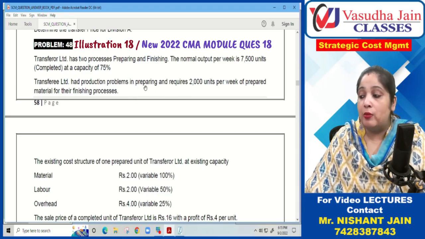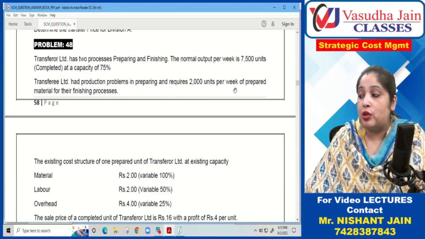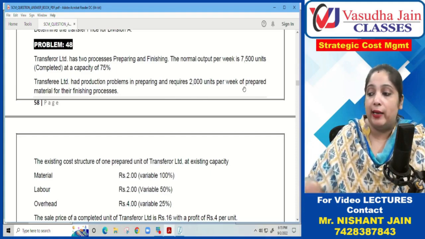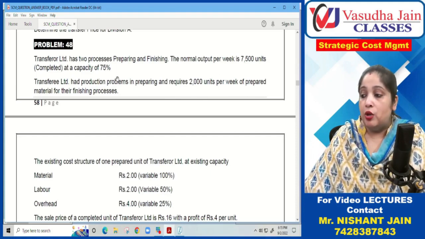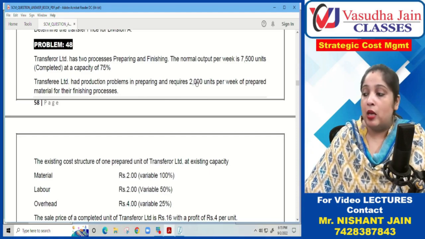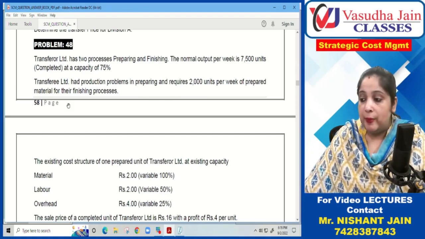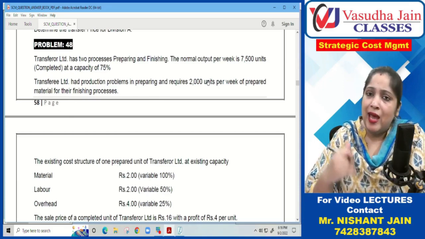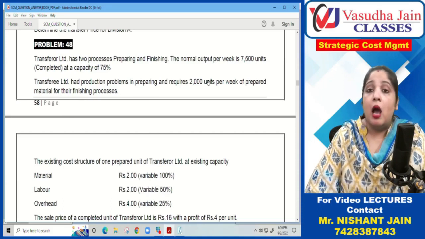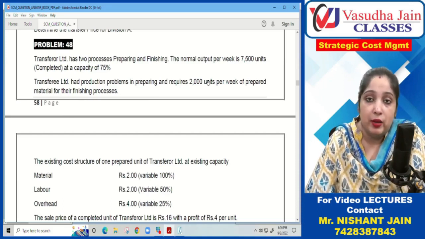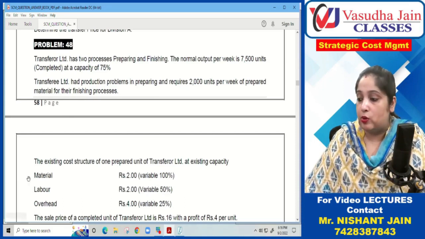Transferee has some problems in preparing and requires 2,000 units per week of prepared material from the transferor department. So they want the 2,000 units, only with the preparing work done, to be transferred to the transferee for their finishing process. Do we have spare capacity? Yes. How will it affect our transfer pricing? We will talk about it also.